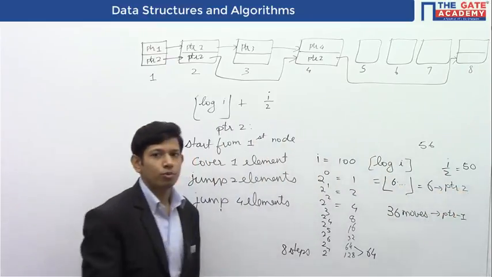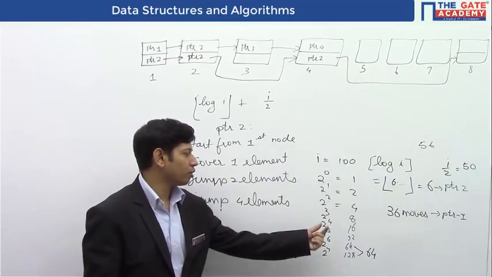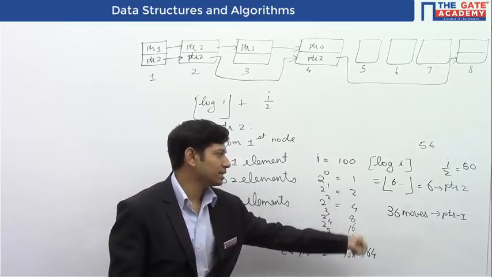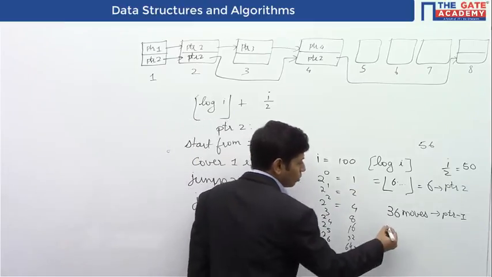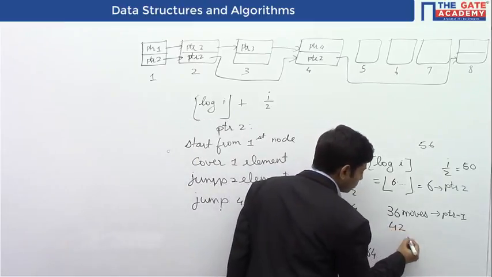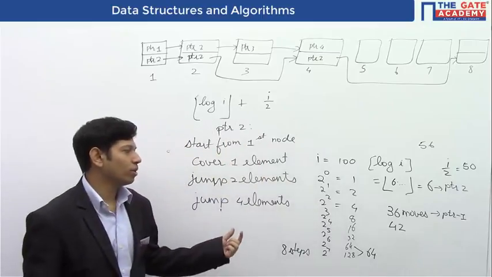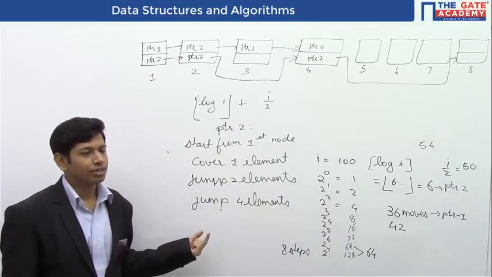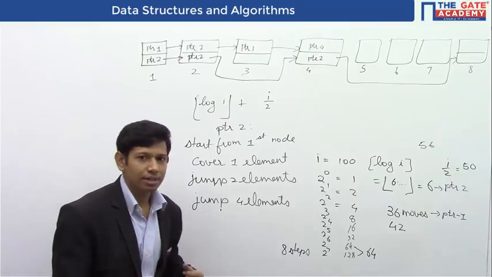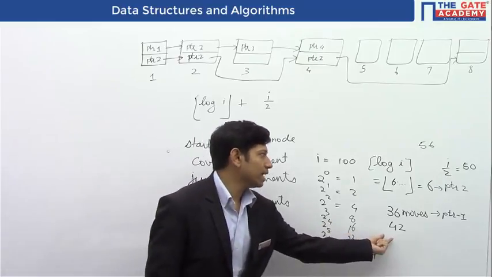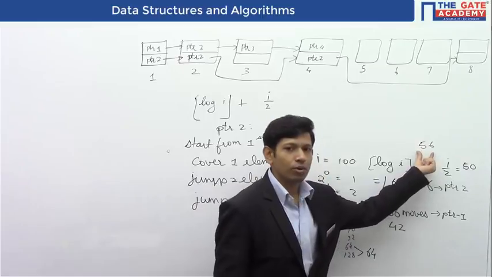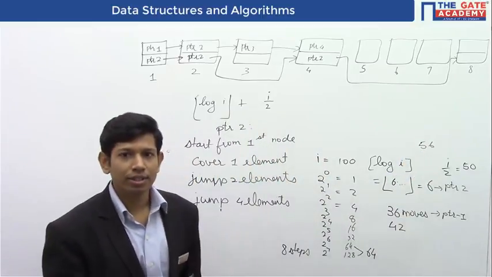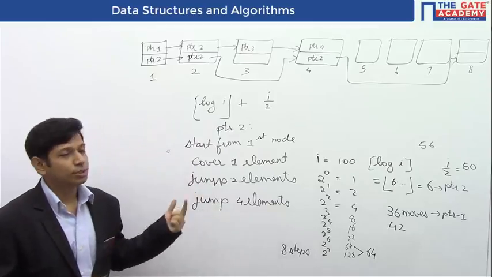So the total number of moves in reaching from node 1 to node 100 is 36 plus 6, which is equal to 42. So we had to make only 42 moves using pointer 1 and pointer 2, and we reached node 100. This 42 is less than the allowed limit of 56. So yes, we can see that our algorithm is working for this problem.